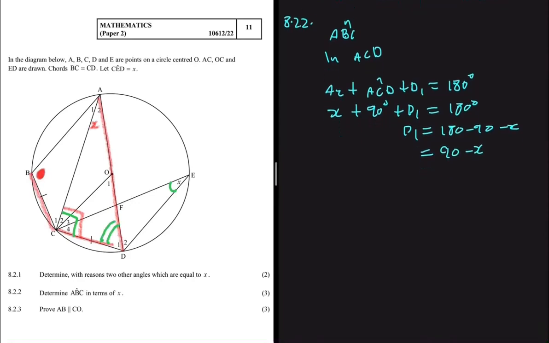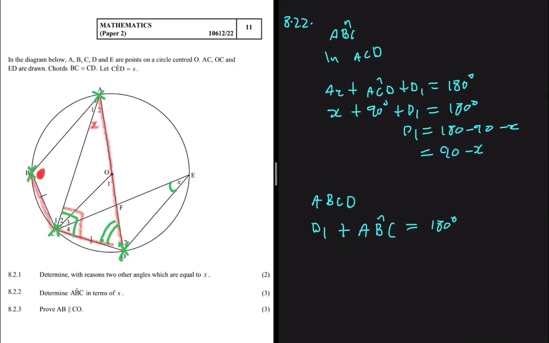Now what you have to realize is that ABCD is a cyclic quad. All the corners of this quadrilateral are lying on the circumference of the circle. So what does that tell us? We know fully well that the opposite angles of a cyclic quad add up to 180. So we say that D1 plus our angle ABC that we're looking for should be equal to 180 degrees. It's the basics, it's not me.